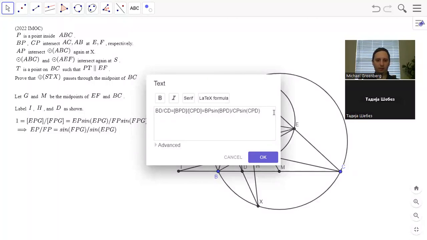And this implies that sine of BPD over sine CPD is equal to BD over CD times CP over BP.